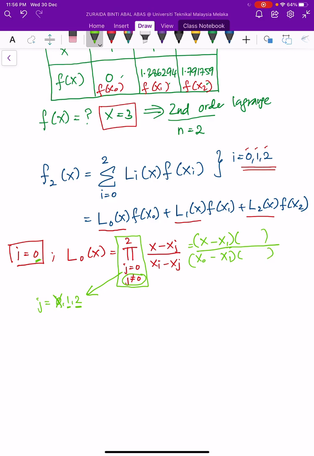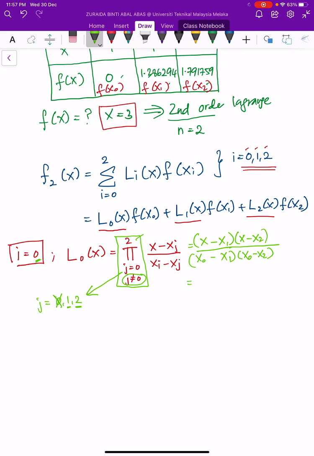So we have, this time around, j is 2, so x minus x2, and this one is x0 minus x2. Okay, so we can plug in the values.